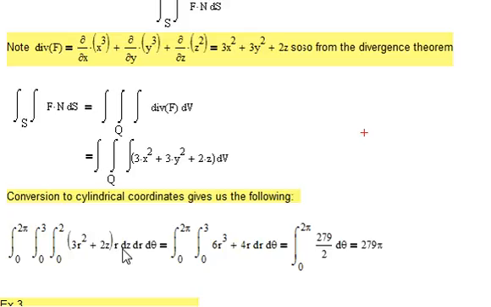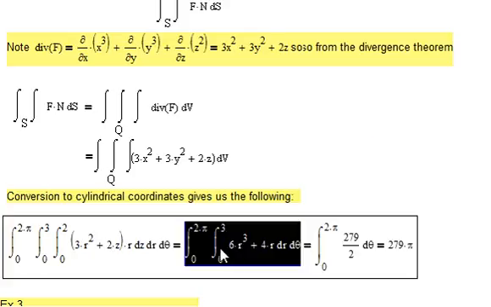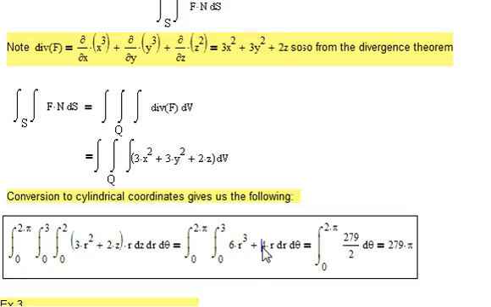So integrating first with respect to z, we get 3r squared z plus z squared. And z going from 0 to 2, you could probably see why that comes out as 6r cubed plus 4r dr d theta, and r goes from 0 to 3.